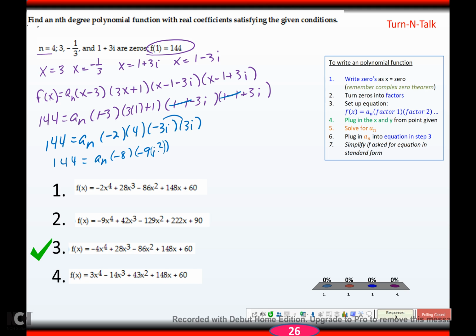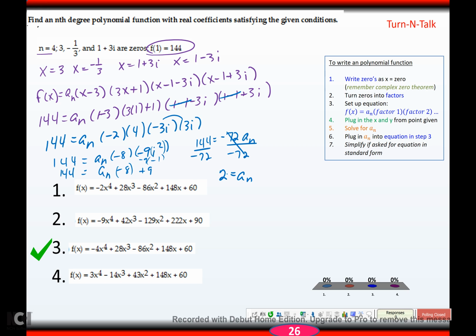That's going to turn into a negative 1 times negative 9 makes a positive 9 times negative 8 times a sub n. So now I got 144 equals negative 72 a sub n. Divide by negative 72, and a sub n equals 2.